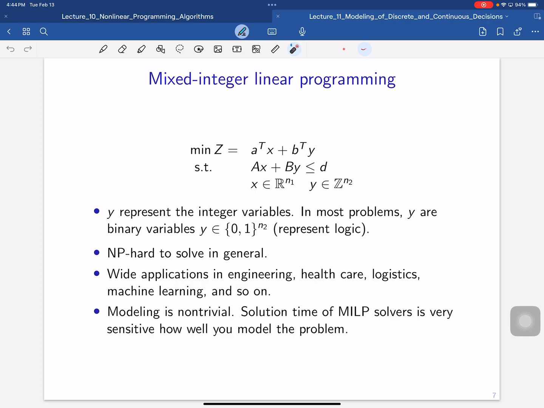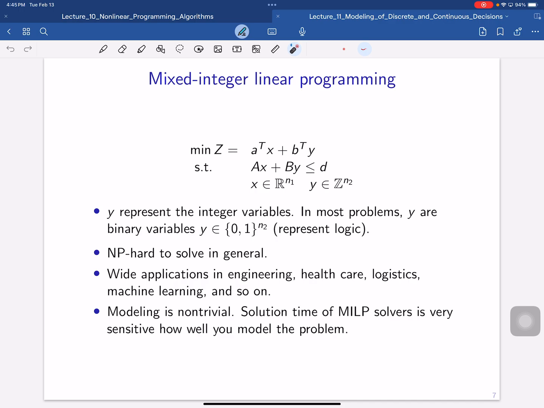Okay. And another reason why modeling is non-trivial is because we usually use a binary variable to represent logic, right? In the continuous case, usually you use variables to represent things like physics or some continuous quantities, but representing logic is a little bit more complicated than just using continuous variables.